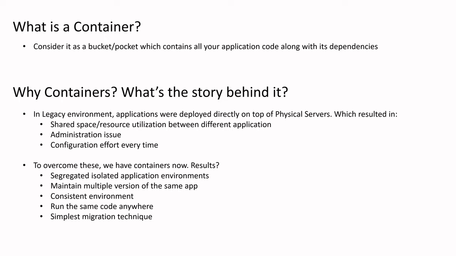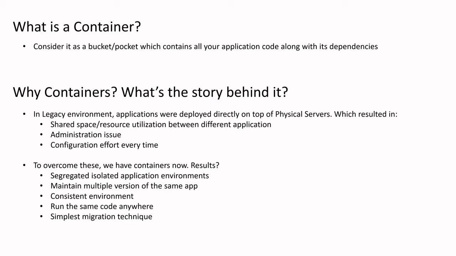So what exactly is the added advantage once we adopt containers? You have segregated environments for each and every application. You can have multiple versions of the same application without that much effort.